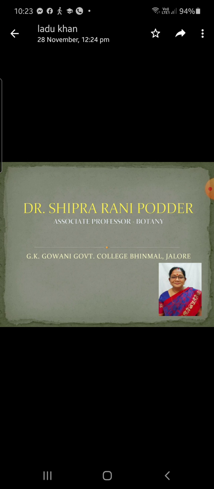Example, Volvox. On the basis of morphology, colonial organization may be divided into the following four types. First is the coenobial form. A colony with a definite shape, size, and arrangement of cells is known as a coenobium.